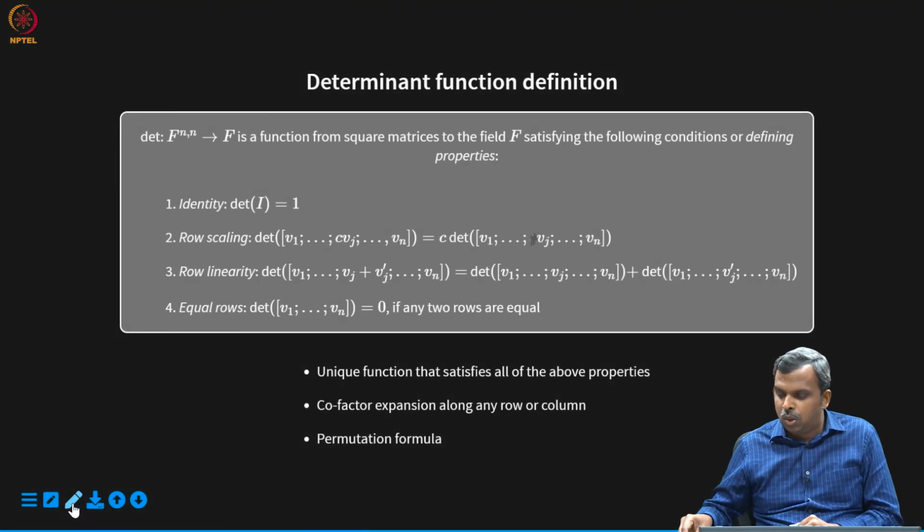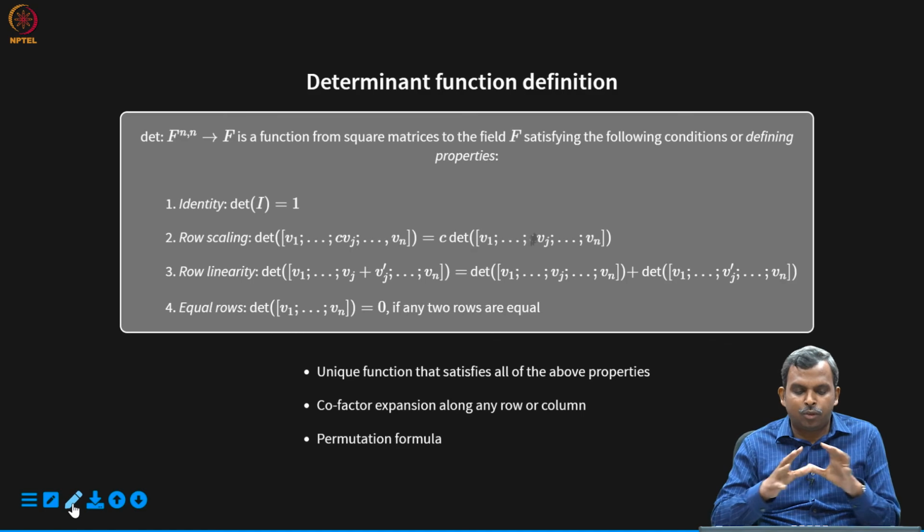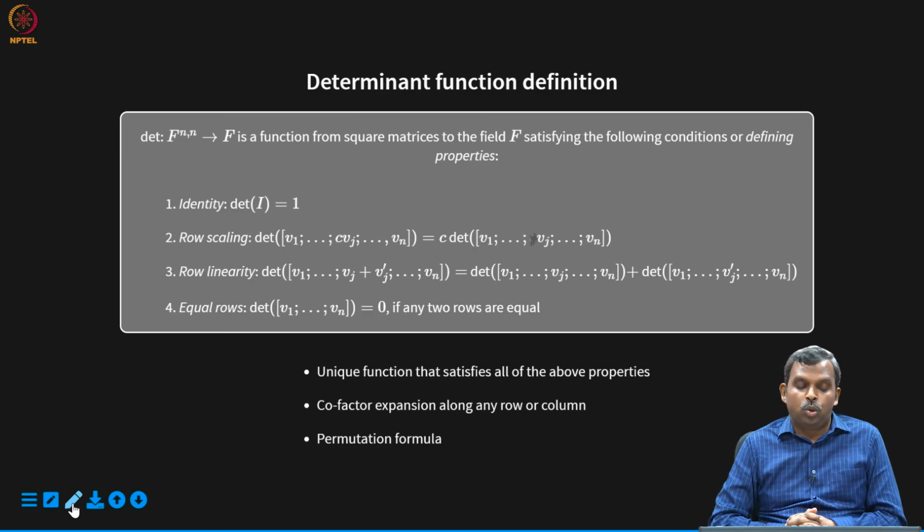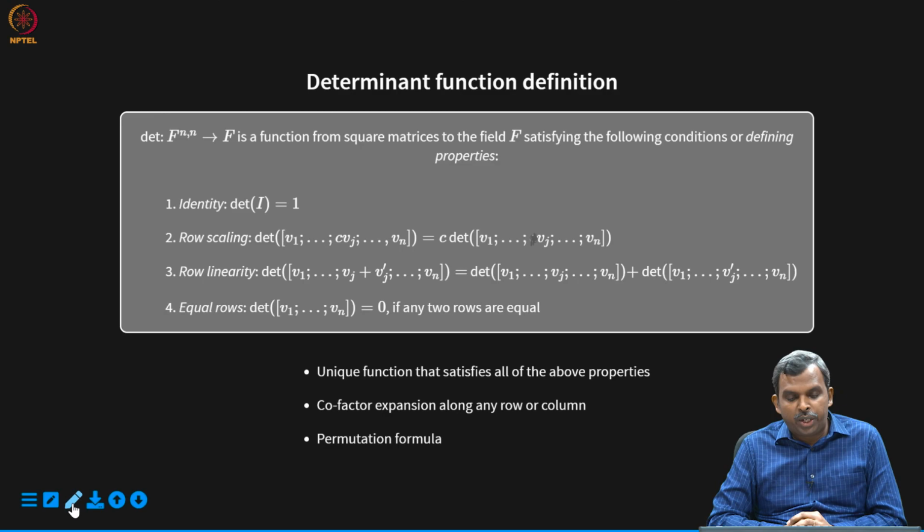Okay, so these are the four crucial properties that we saw the determinant function satisfies. It turns out one can show the following three results, which I won't go into any detail in this class at least. There is exactly one function which satisfies all these properties.